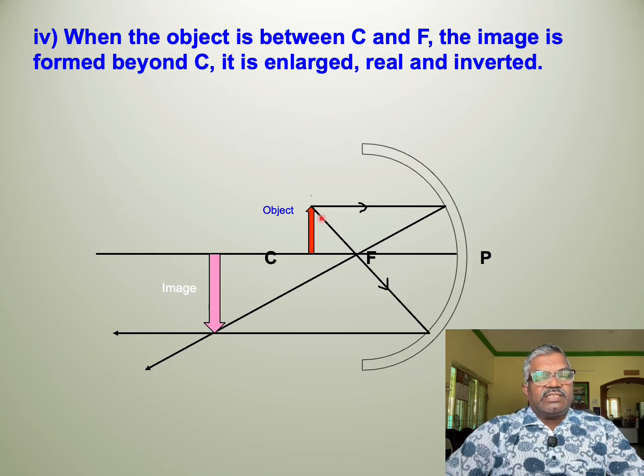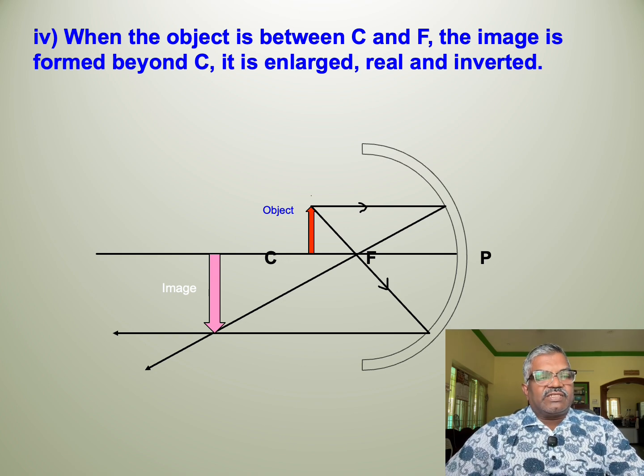It is incident through the focus. After reflection, it will bounce back parallel to the principal axis. These two rays will meet at a point. That point is on the same side as the object and below the principal axis. Therefore, the image is real and inverted.